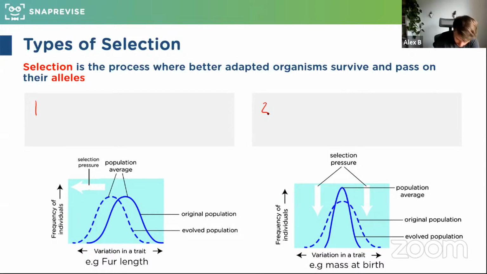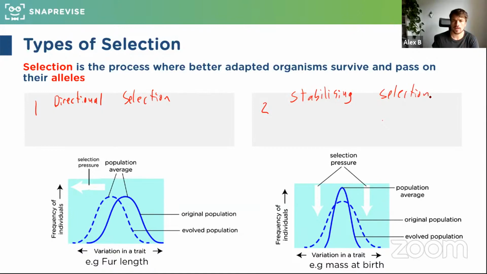This one is directional. And this one is stabilizing selection. So the example we've got here is fur length. Well, we should define what it is first.